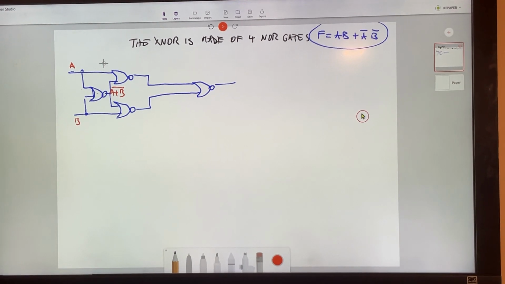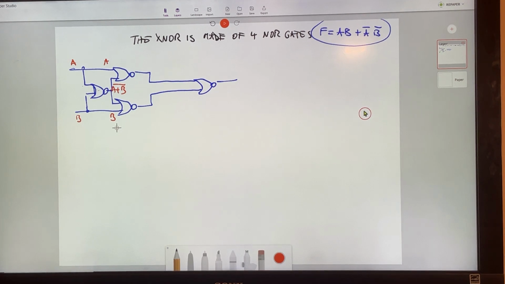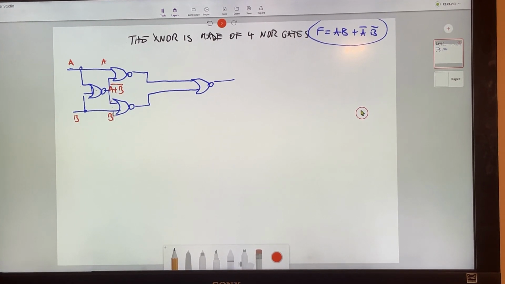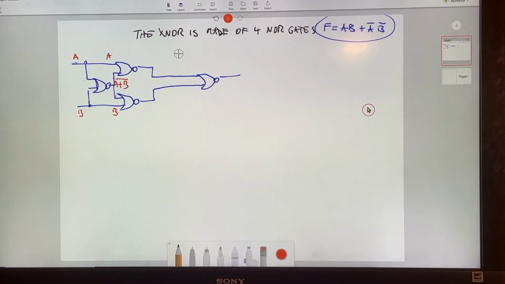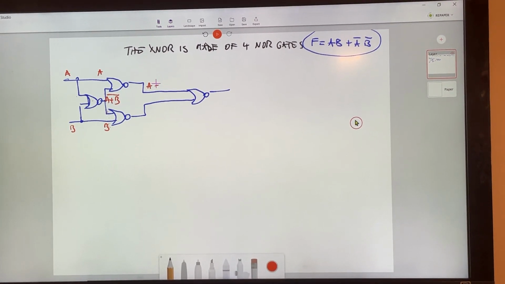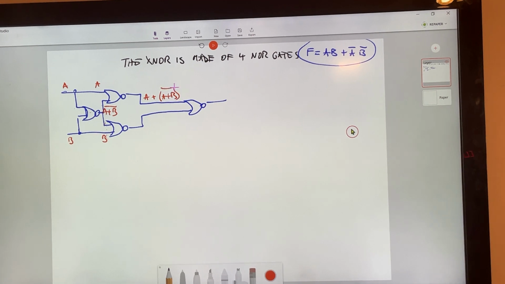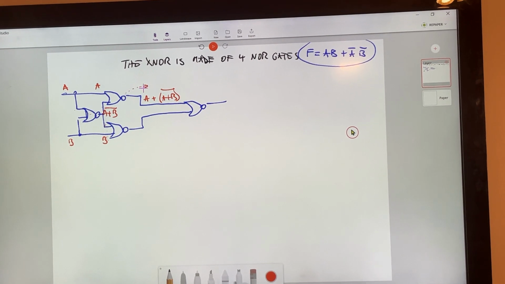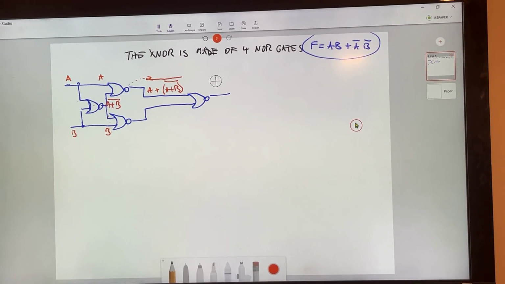But through the wiring, A is propagating right here and B is propagating right here. So whatever these two inputs are, they are going to be combined together exactly as here to get the next result. So it's going to be A plus B with a bar in the top. And simply because of this bubble here, they are going to receive a big bar in the top.